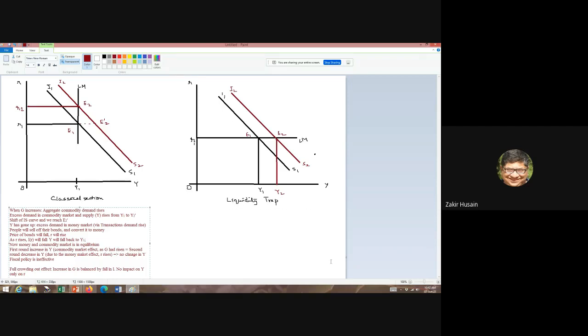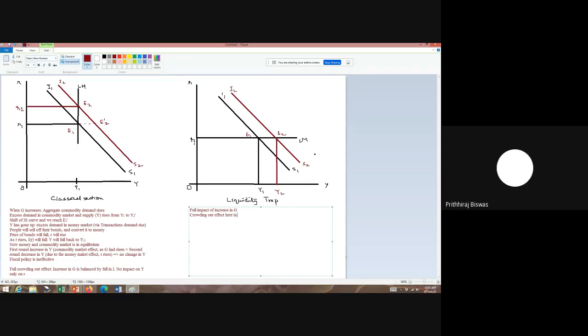In this case, however, what we see is there's a full impact of increase in G. Can you tell me what is the crowding out effect over here?